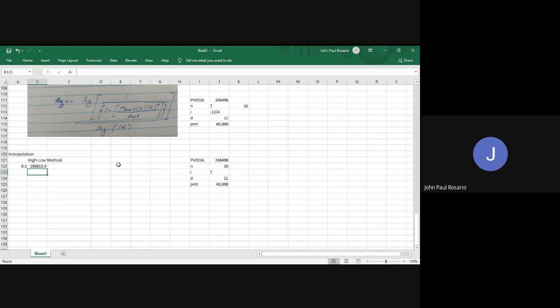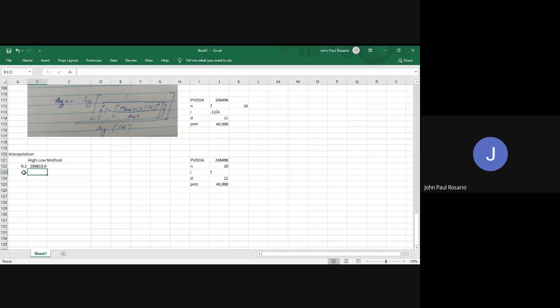Now, guys, the thing here is that when it comes to future value, the higher the interest rate, the higher the future value. When it comes to present value, the higher the interest rate, the lower the present value. So now, what do you think should we do? Our aim is 246 and what we got is 266.